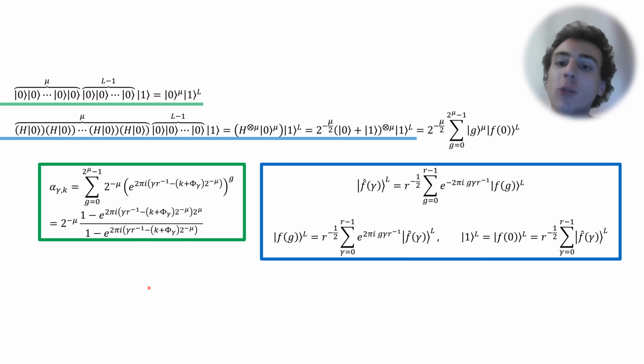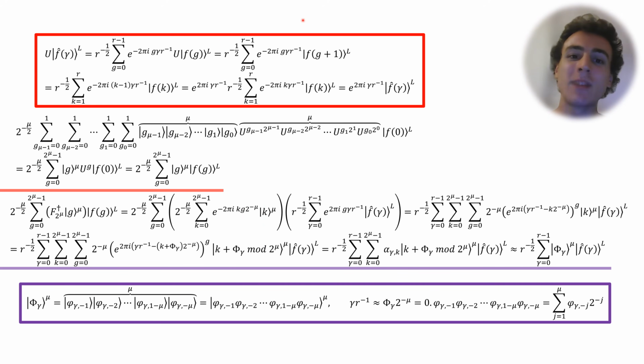We want to find a general way of determining a choice of mu, given that we have a value of L. So that is what we're going to have to do later. And that's what this green box is going to help us with. So pay close attention to what's going on in this green box, because this coefficient is going to show up later. And now that we've seen this green snapshot and this blue snapshot, let's move on to the next two snapshots. Those are the red and the purple snapshots.